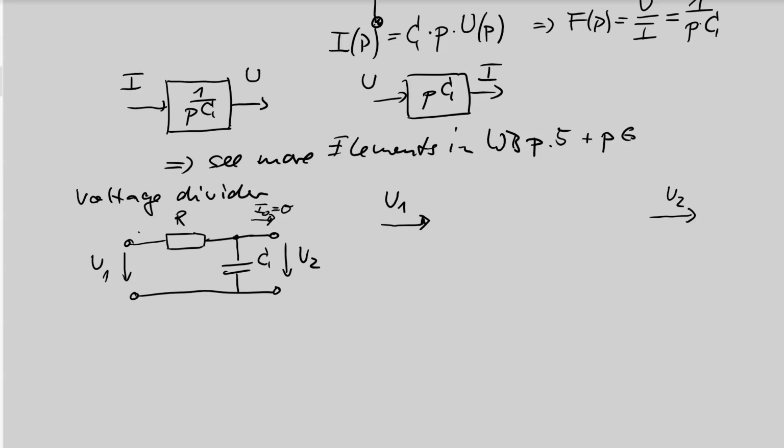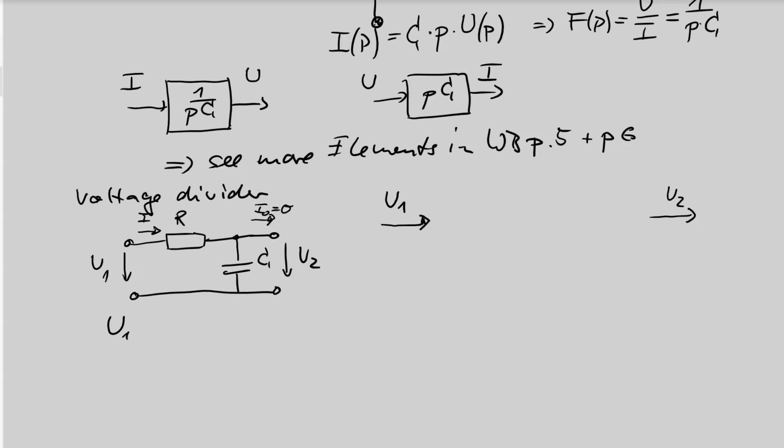So we have here an input current. We assume if there is a voltage U1, there will be a current through this branch, and this causes a voltage drop over the capacitor. First rule is the loop rule, Kirchhoff's law for voltages.